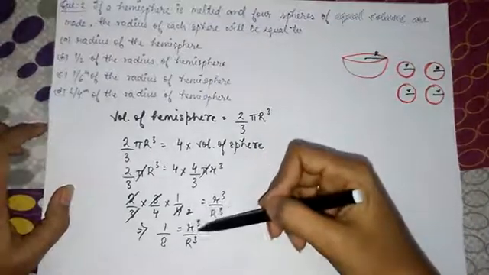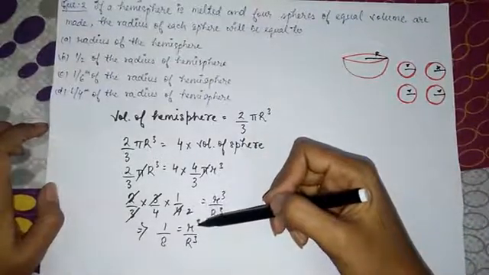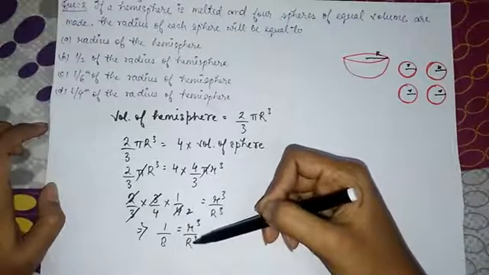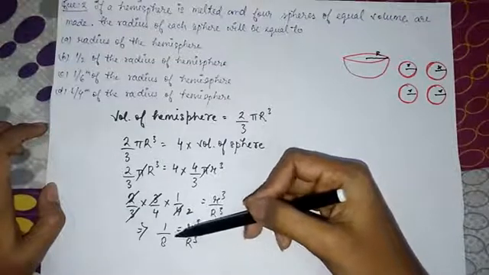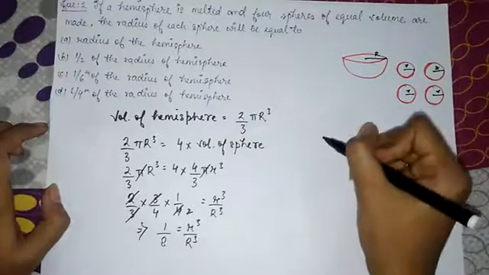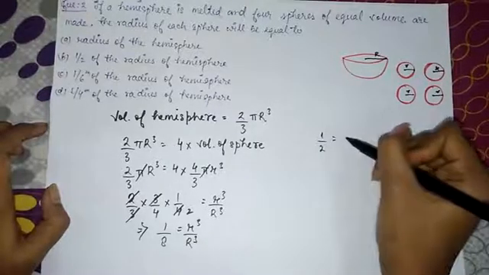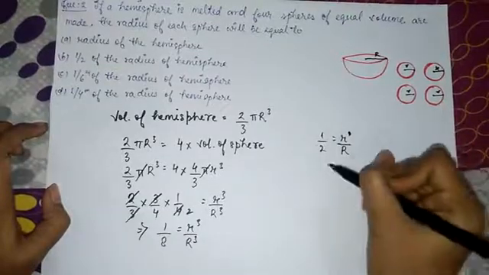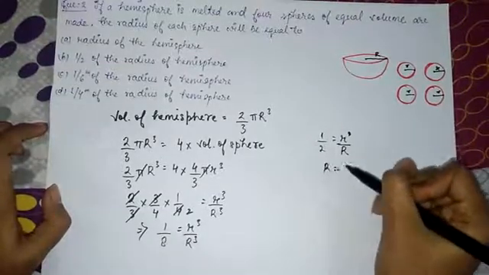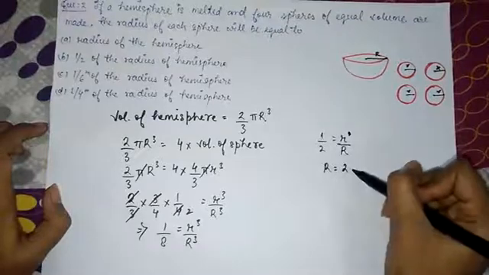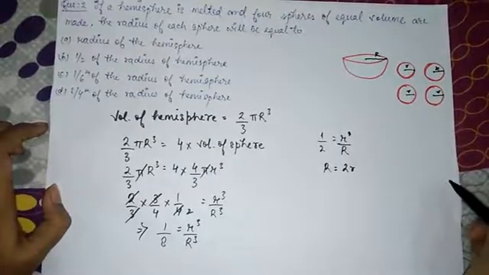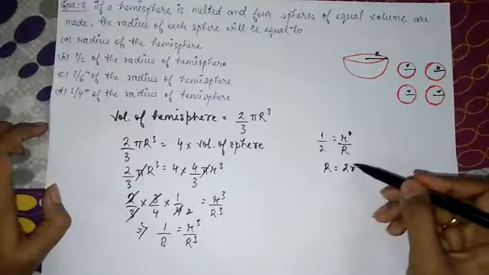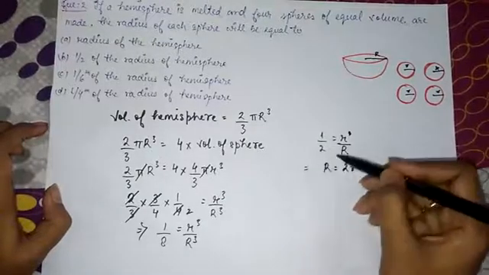The ratio: the radius of the small sphere is 1 and the radius of this hemisphere is 2. That means we get 1 by 2, r by R. This means radius of hemisphere is 2 times radius of sphere. Okay, that means the radius of sphere will be half of the radius of hemisphere.